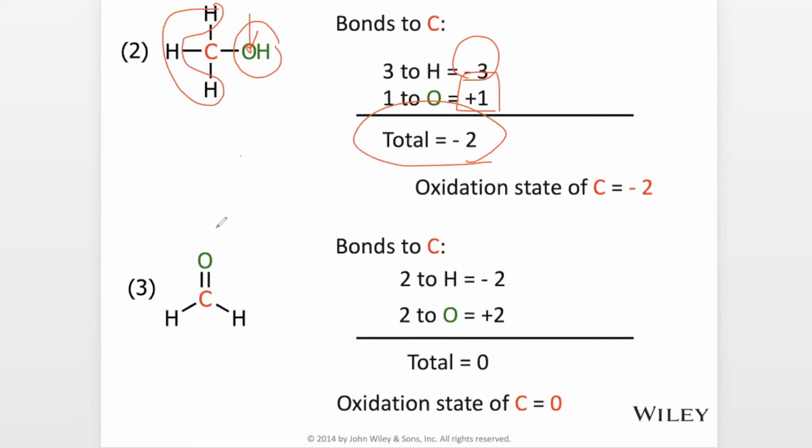If we then talk about a double bonded oxygen, we see that the 2 hydrogens here are going to still be our -2, and then the 2 bonds to oxygen here is going to be +2. So the total oxidation state of the carbon in formaldehyde is 0.